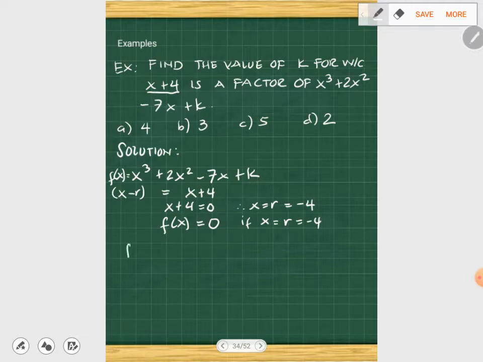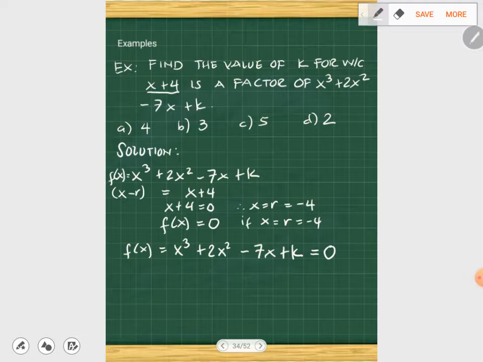So, meron tayong function of x. We have x cubed plus 2x squared minus 7x plus nung k. So, this must be equal to 0. Find the value of k for which x plus 4 is a factor of... okay. Factor na pala talaga yung negative 4. Yung ano natin is yung k.